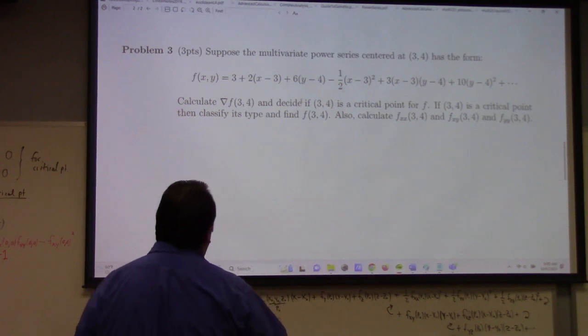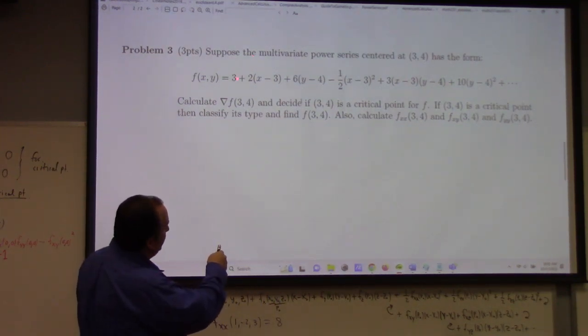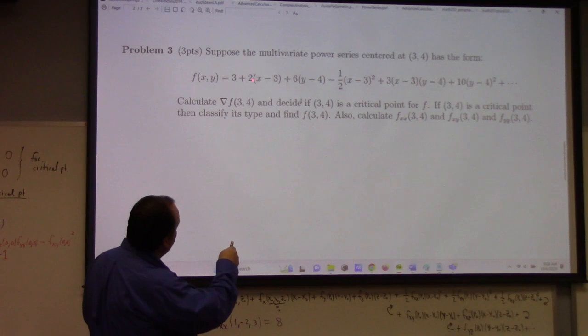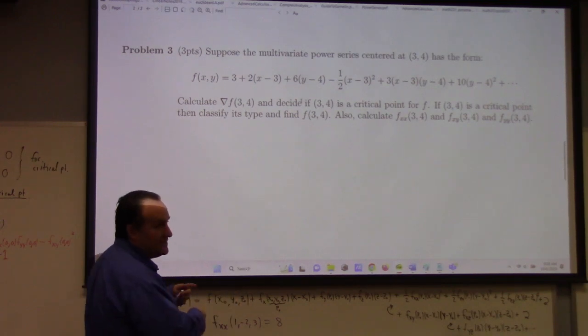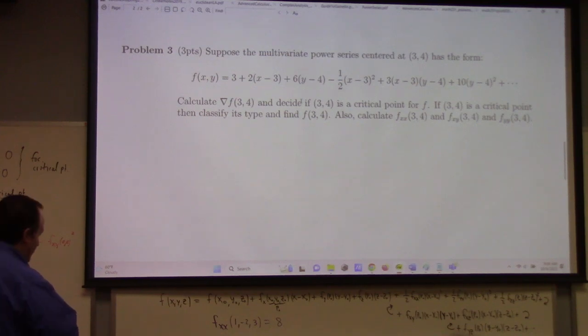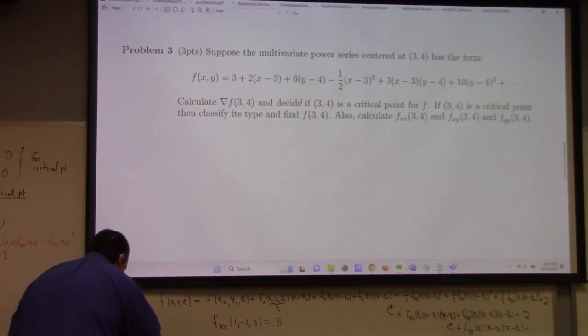There's no need. By inspection, I can tell you, looking at this, that 2 is f sub x of 3, 4. That's the meaning of that coefficient.